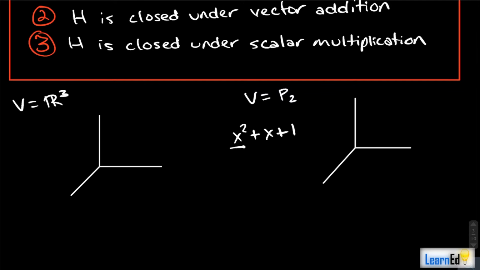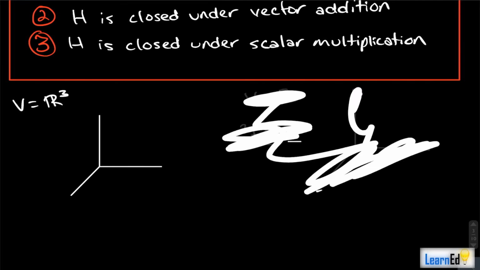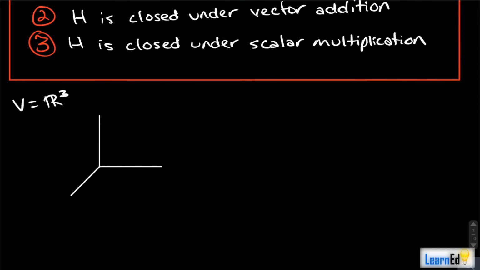We have an x squared term, an x term, and a constant term, so you would have each of those on their own axes. So that's another example of a vector space. The main two you end up seeing are R3, where you have x, y, z, or a polynomial space, which is also very common.